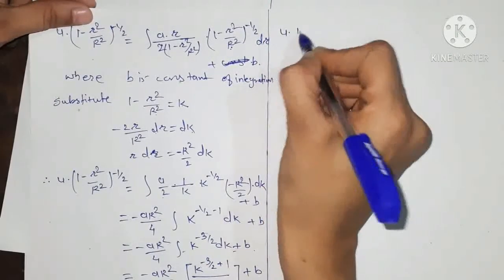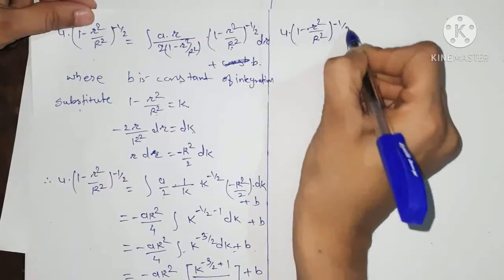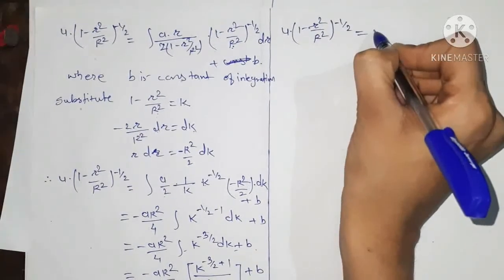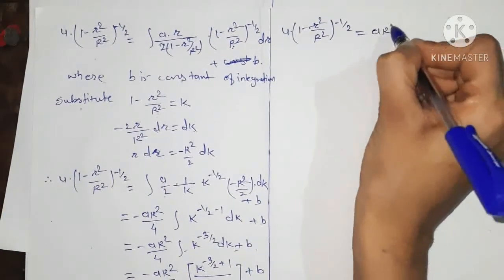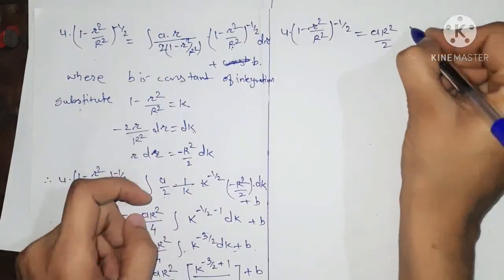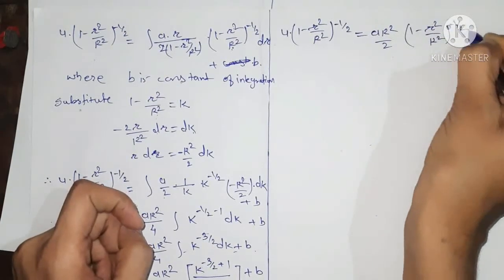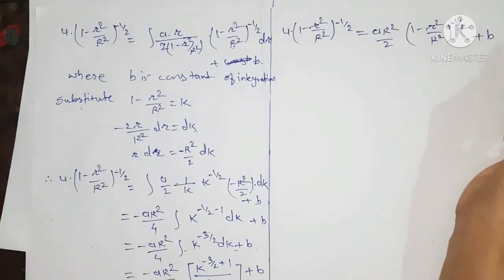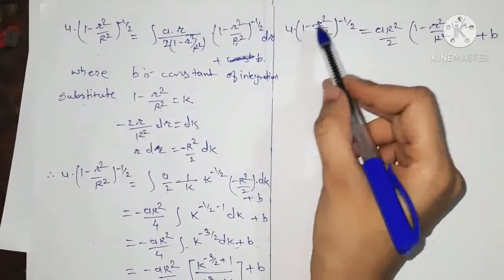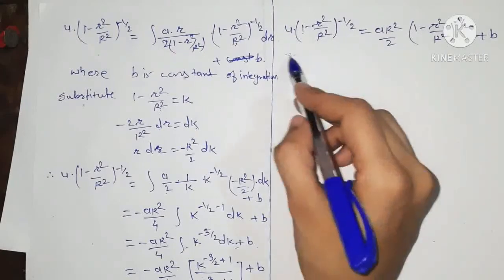So we substitute this value here, so we get u into (1 minus r square upon capital R square) to the power minus half equals ar square upon 2 into (1 minus r square upon capital R square) whole to the power minus half plus b. We multiply the whole equation by (1 minus r square upon capital R square) to the power half.